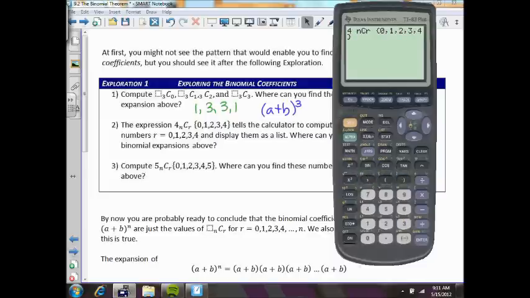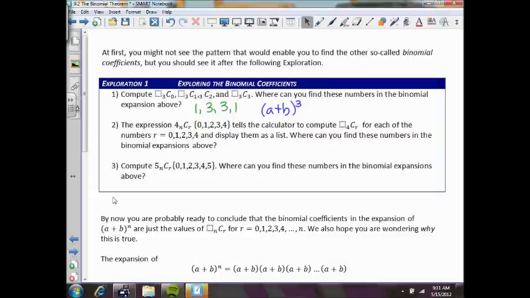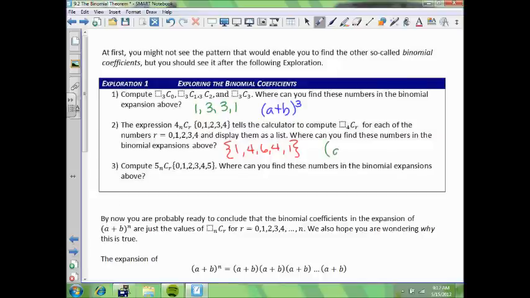So that's what you're going to have. So it's going to give you the numbers 1, 4, 6, 4, 1. That is a plus b to the fourth power.